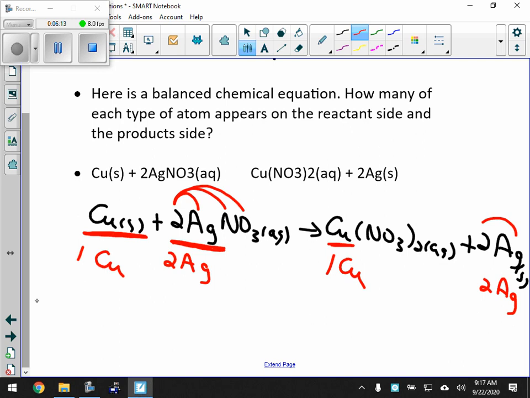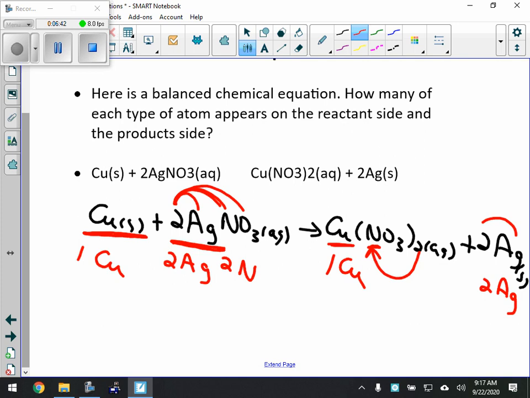How many nitrogens do I have? Yeah, 2. This 2 goes to, remember, everything. So 2 nitrogens. And of course, how many nitrogens do I have here? How do I figure that out? Yeah, this 2 goes to everything inside the brackets, so that 2 would go to that.